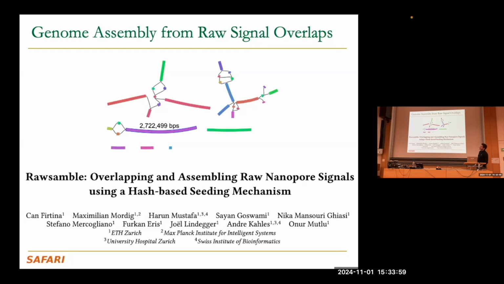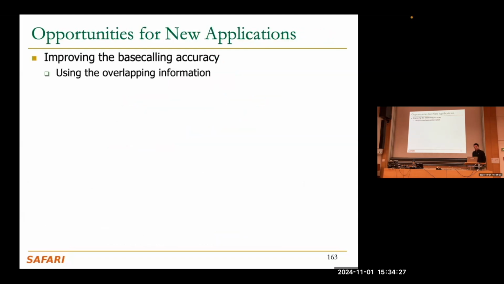The average read length in this particular database is around 6,000 bases. So by simply overlapping, you increase the synthetic read length by about 400 times. This is, of course, one benefit of overlapping and constructing the assembly. There are many other benefits that we're excited to tackle as future work.